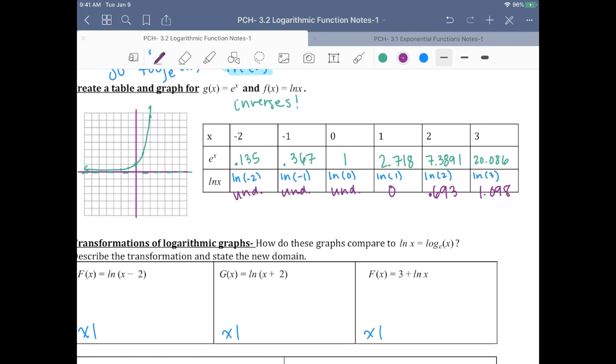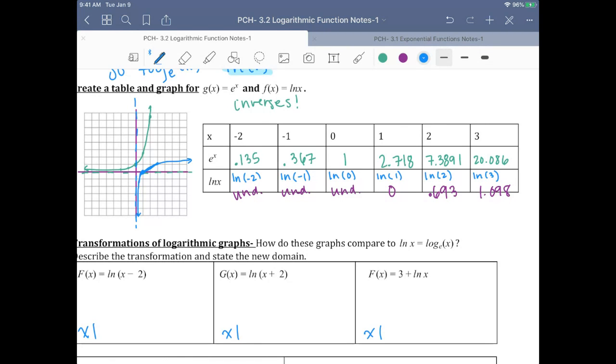All right, we're going to graph this in blue. So I can see that I have a vertical asymptote here at 0. I have an x-intercept at 1, 0. And then at 2, we go up a little more than half, a little bit more than 1. So this is slowly increasing.